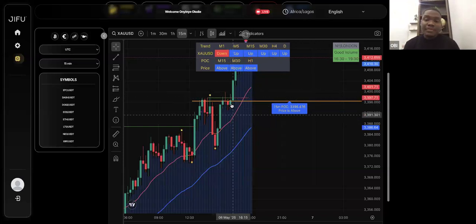The further away the market is down below the orange line, we say that sellers are in control. If the market sells down far away from the orange line, we say that sellers are strong and they are in full control, right?